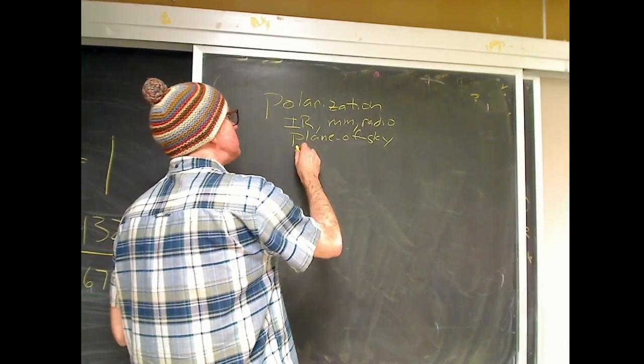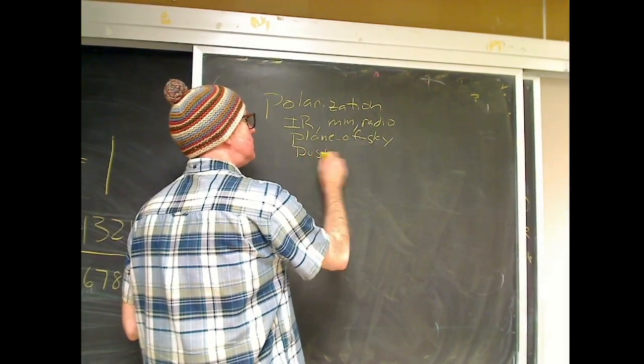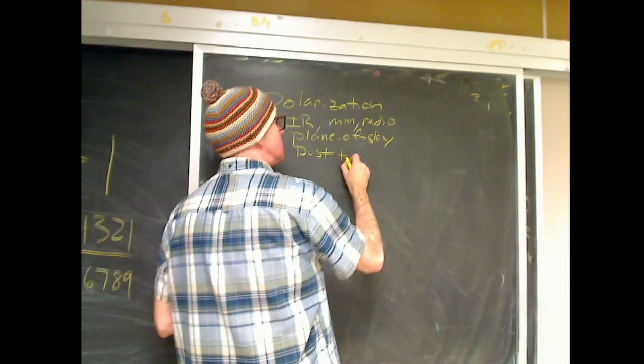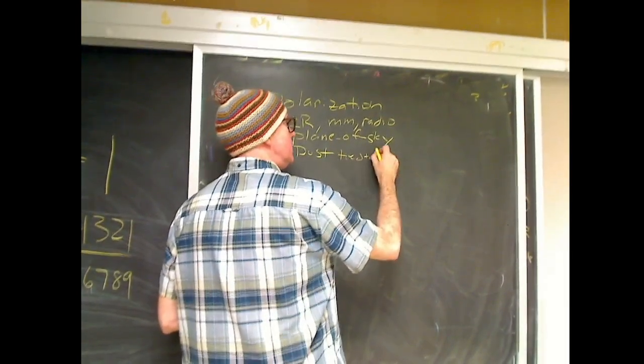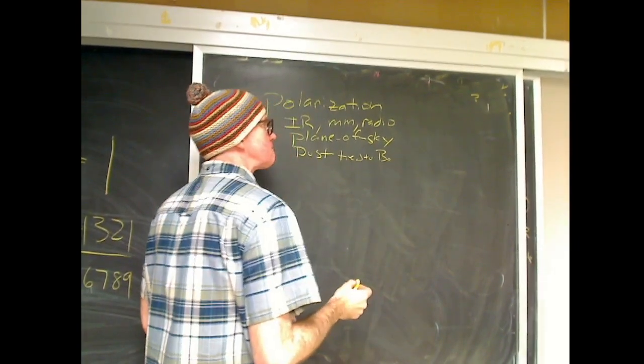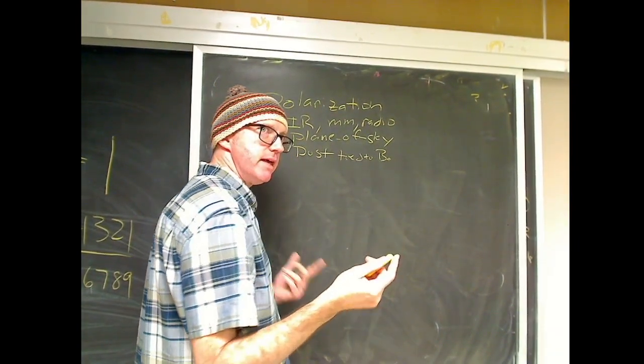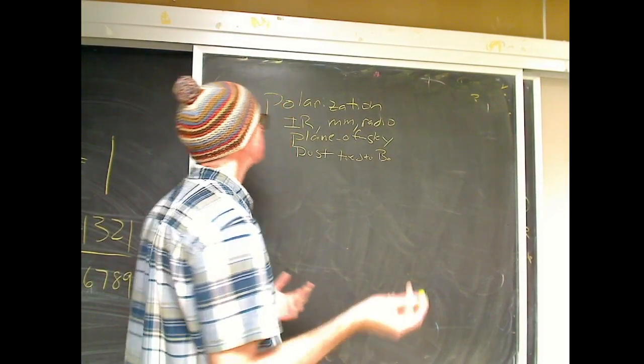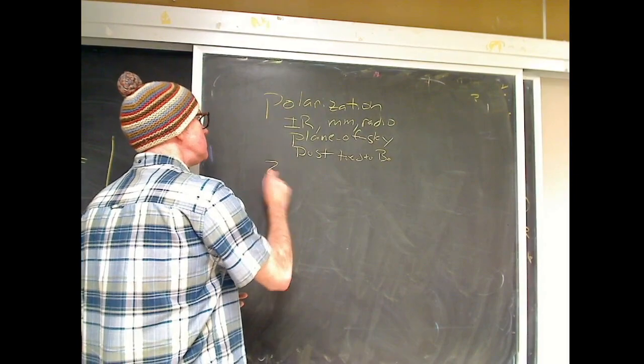And the basic physics is dust is tied to the magnetic field and spins around, and the dust gives you a polarized signal because it's long and skinny. We talked about Zeeman splitting.